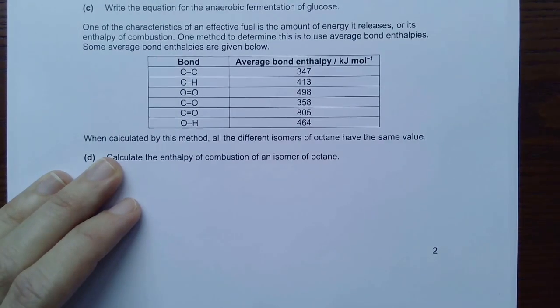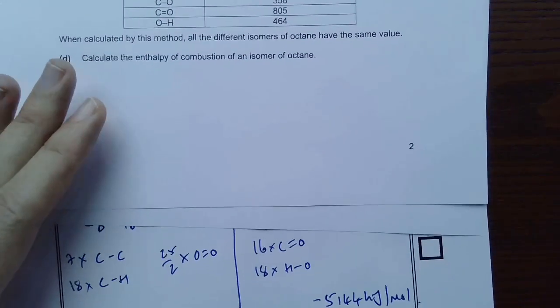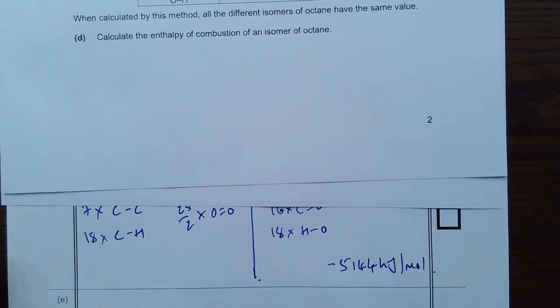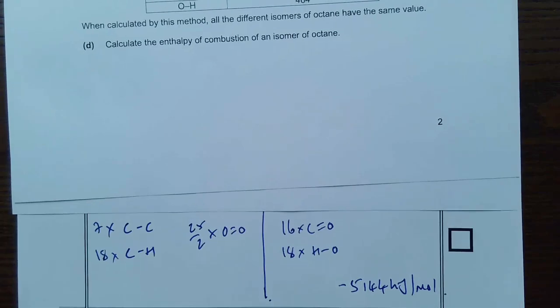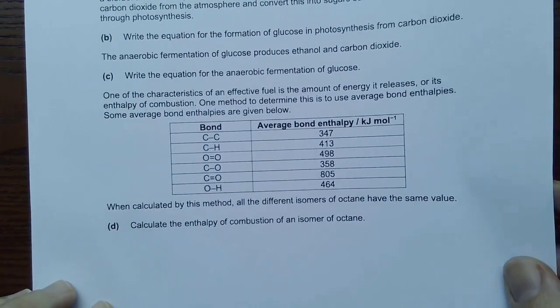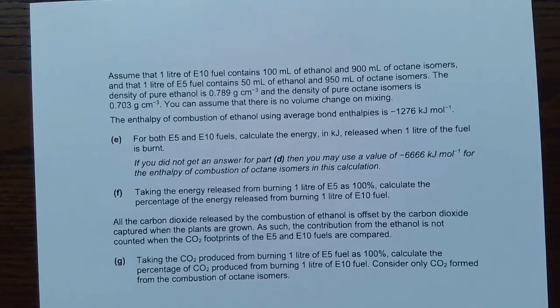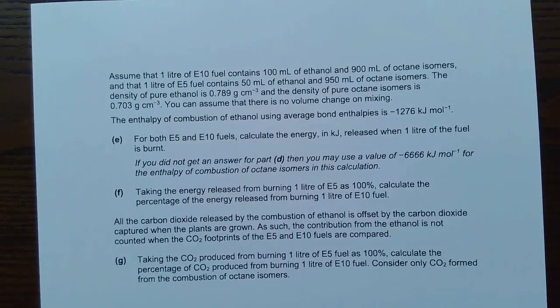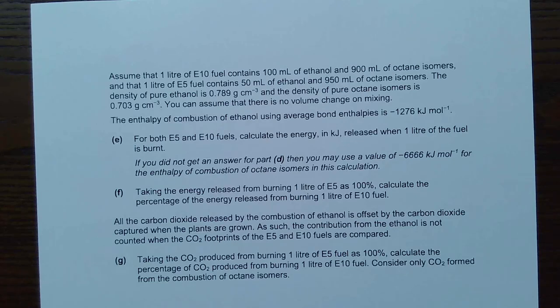Minus 5144 kilojoules per mole. Oh, you can't see that though. There you go, minus 5144 kilojoules per mole. All right, then that is D done. So now we get this bit where it gets slightly more complicated.